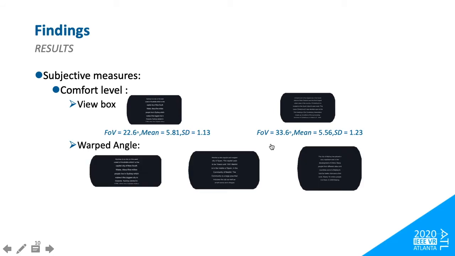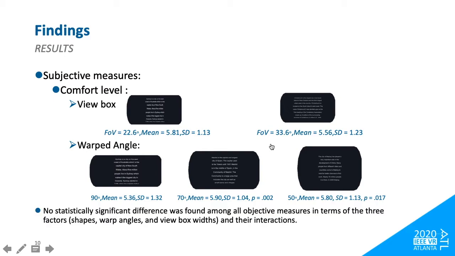As for the warped angle, the most warped performs the worst, while the other two show a similar performance. But there's no significant difference in the interaction effect and other measures, and also the objective measures.